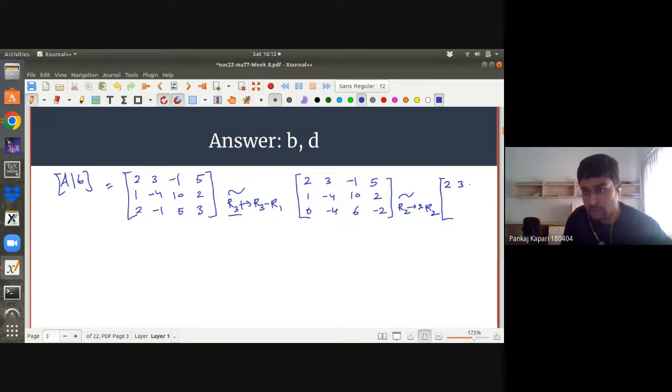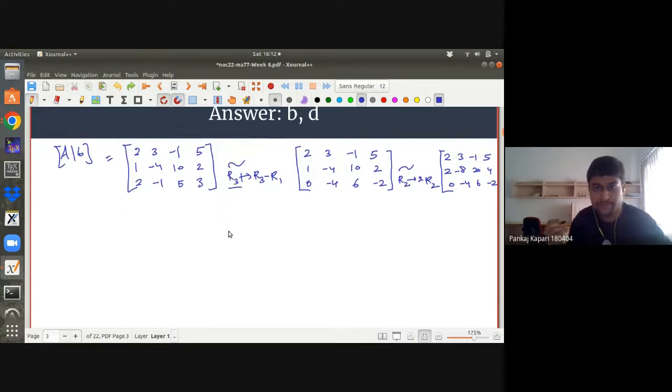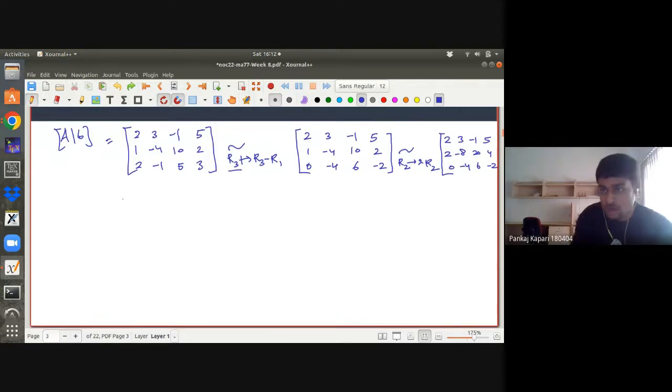2, 3, minus 1, 5, 2, minus 8, 20, 4, 0, minus 4, 6, minus 2. Okay, so now we'll subtract the row 1 from the second row.